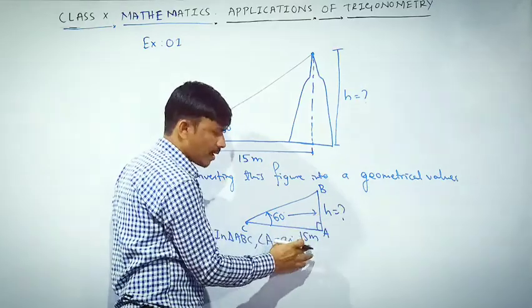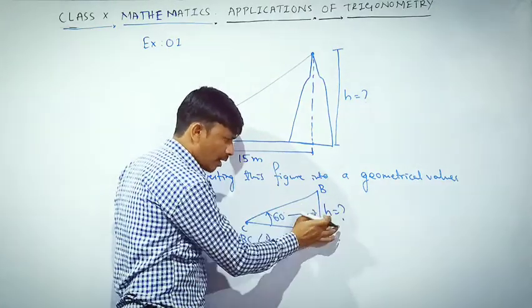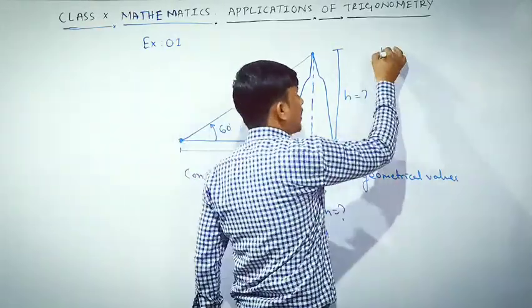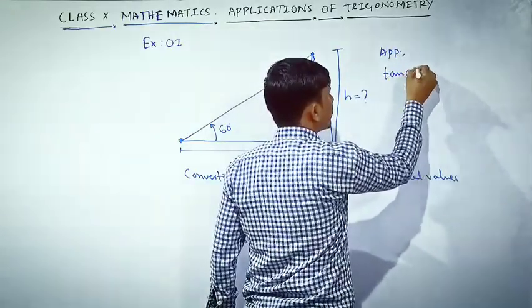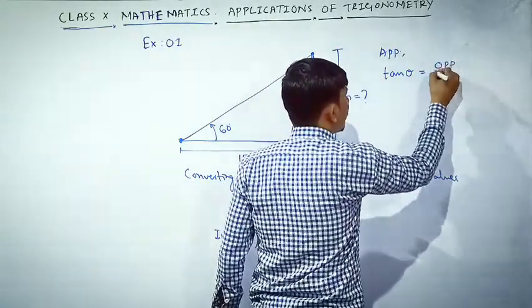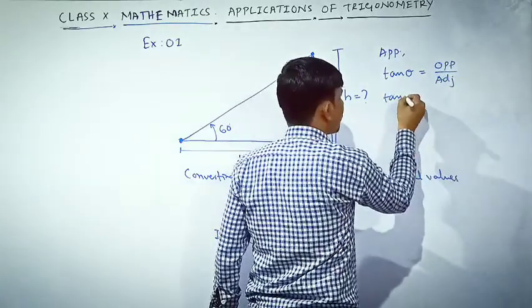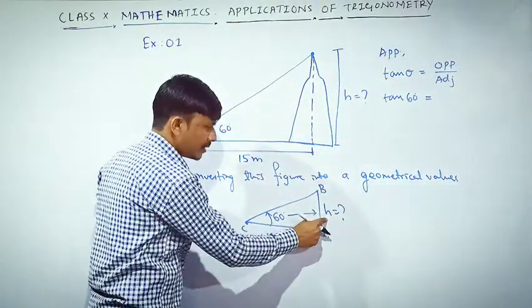Opposite divided by adjacent. Opposite, this is opposite to the angle. Opposite side divided by adjacent is 15. Applying what? Tan theta is equal to opposite divided by adjacent value. Then tan, what is the theta value? 60 degree. What is the opposite side?